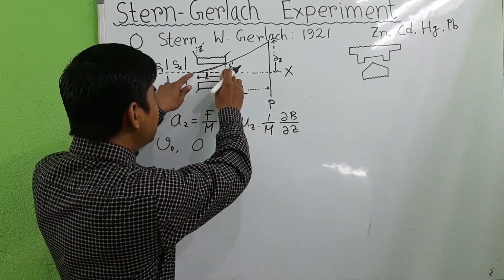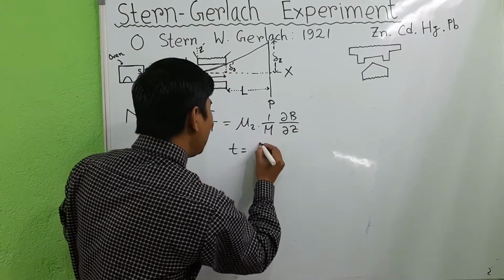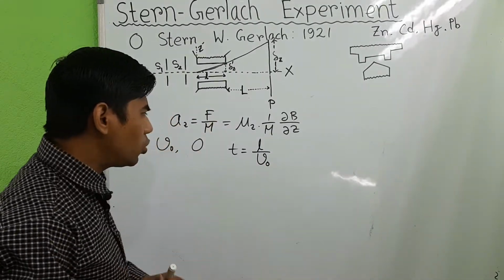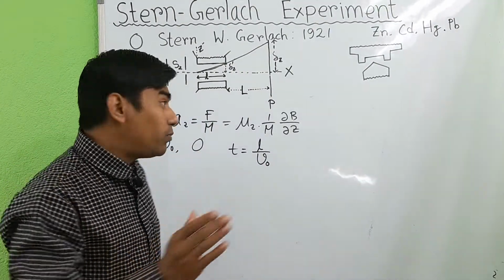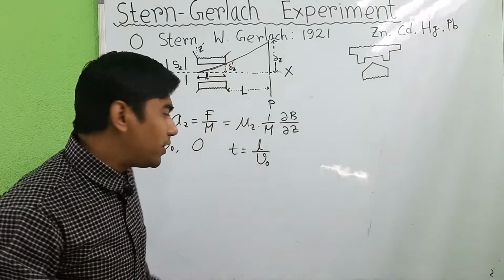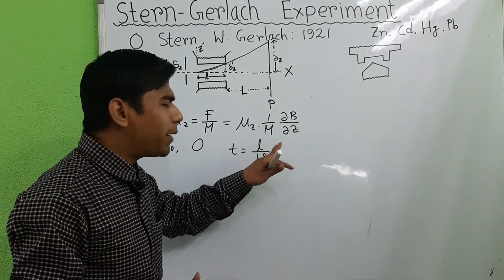Here the distance is L and the velocity is v0. So each silver atom passes through the magnetic field in the time interval t equals L by v0.